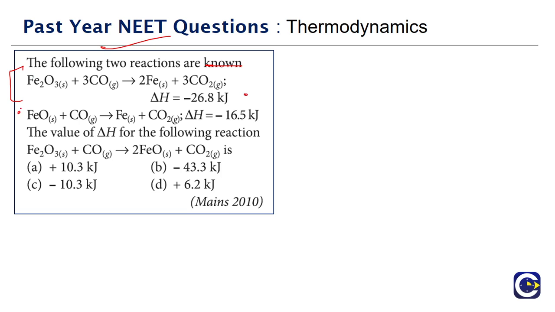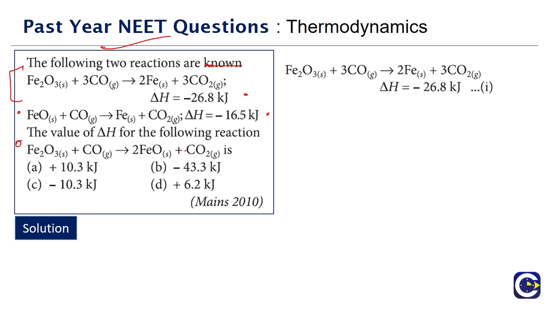Other equation: FeO solid plus CO gas gives rise to Fe solid plus CO2. Delta H is minus 16.5 kilojoule. They are asking for the delta H value of this unknown reaction: Fe2O3 solid plus CO gas gives rise to 2 FeO solid plus CO2 gas.